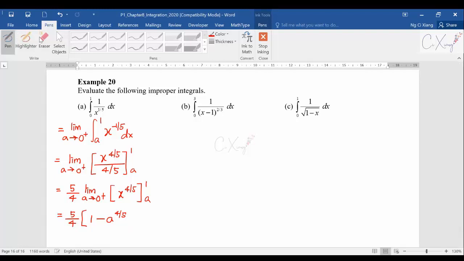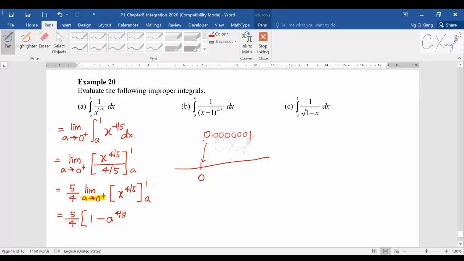Okay or not? When you substitute A, you need to take the value of A as 0 positive. So what is the meaning of 0 positive? It means at the right-hand side of 0, a value that is very, very close to 0 from the right-hand side. What is the value? It can be 0.000000001, because it is a very small value that is very close to 0 from the right.